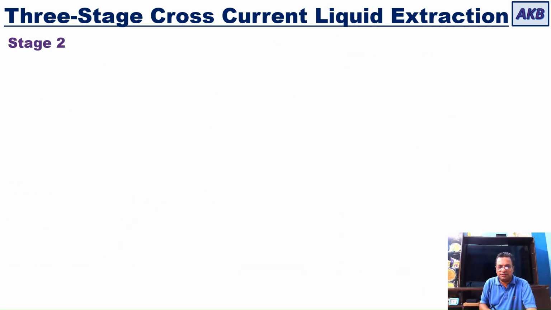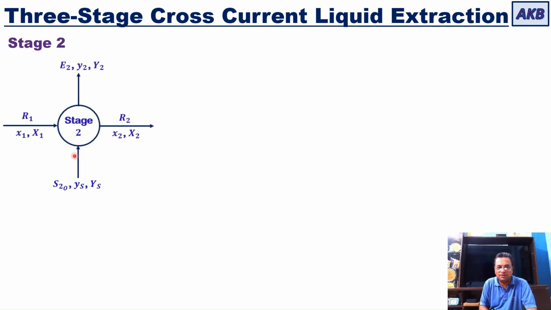Okay, now after stage 1, let us look at stage 2. So I am showing the stage 2. For stage 2, feed is the raffinate phase that is coming out of stage number 1. And this raffinate phase is contacted with fresh solvent. Quantity may be different, but composition is same.